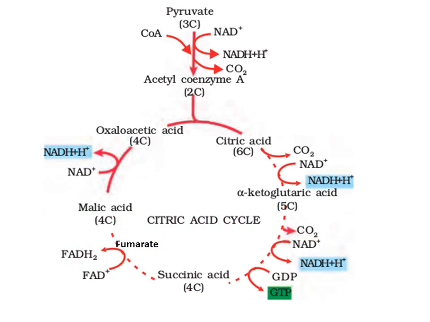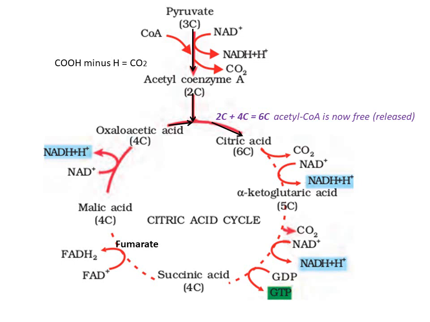Pyruvate loses one carbon to combine with coenzyme A, forming acetyl CoA. The carbon is removed as carbon dioxide and the corresponding H atom is removed by NAD to form NADH. This acetyl coenzyme A with the remaining two carbons combines with oxaloacetic acid, a 4-carbon molecule, resulting in formation of 6-carbon citric acid.